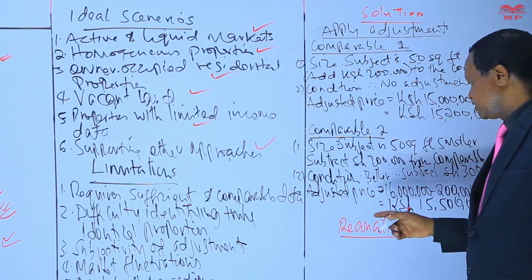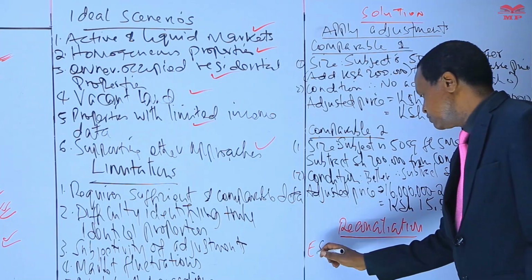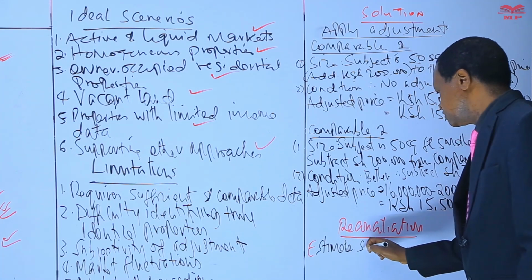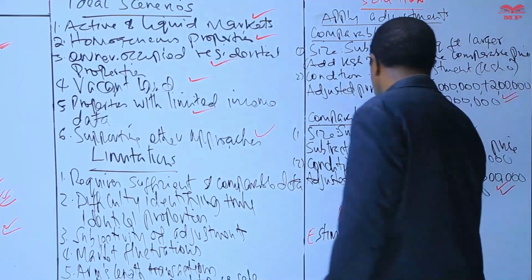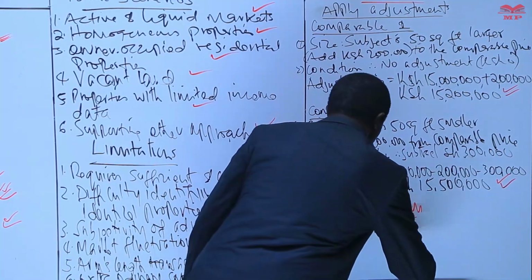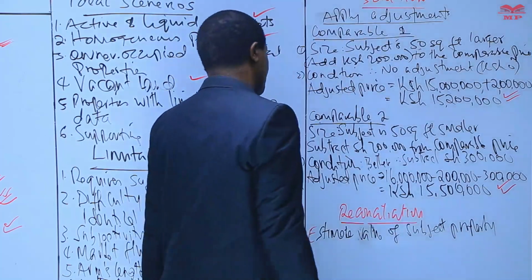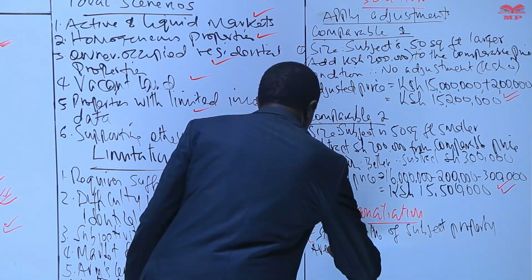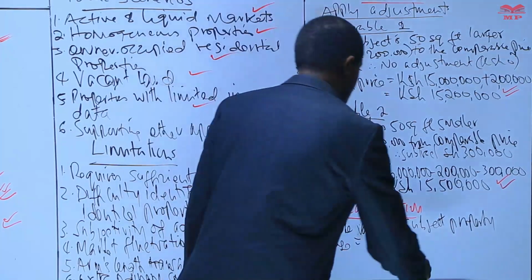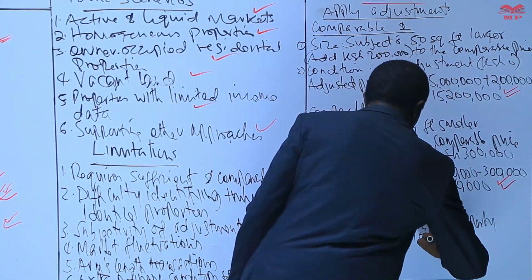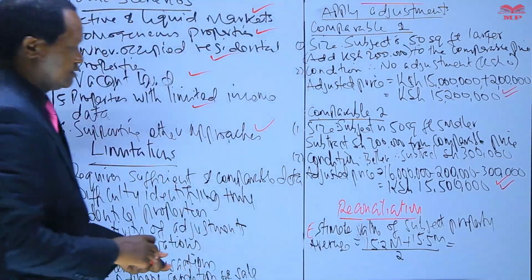We will estimate the value of the subject property by getting the average price, which is equal to 15.2 million plus 15.5 million divided by 2. That will give us the estimated value.